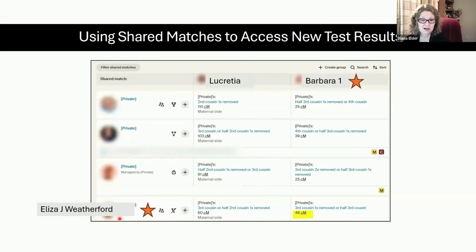She did not share her match list with me, this cousin, and I could ask her now to share because I see that she has inherited some of that DNA from the Clines. So she would be a good person to reach out to and ask to share her DNA with me because hopefully she would pick up some more Cline matches and maybe even help me move back a generation.